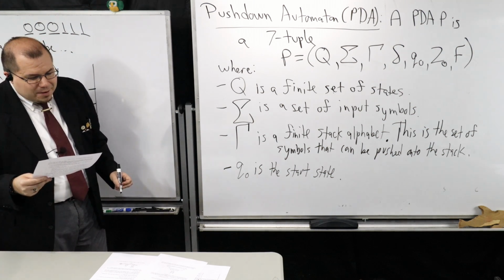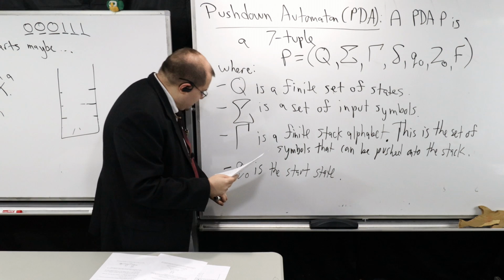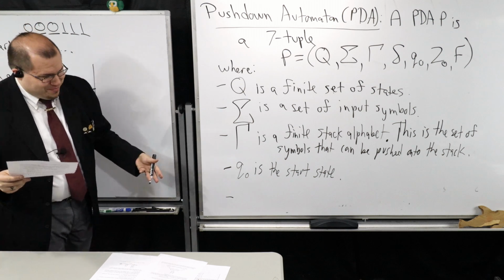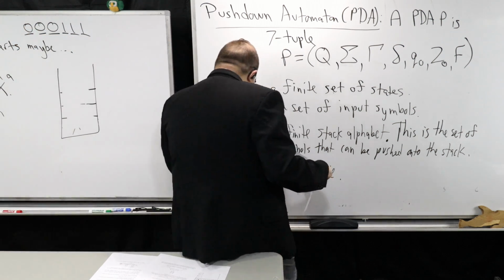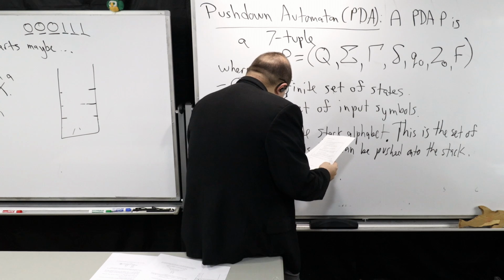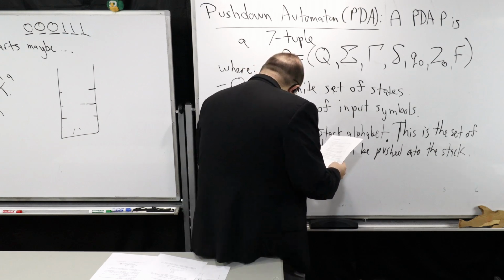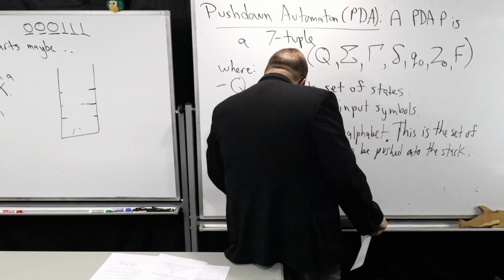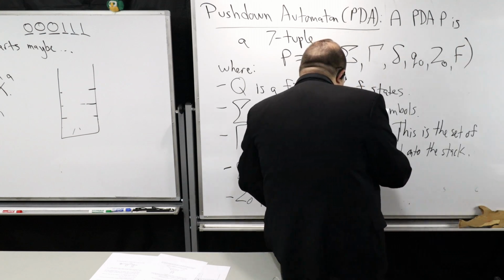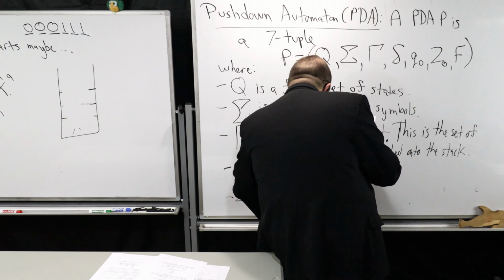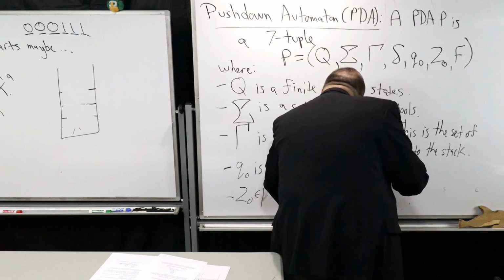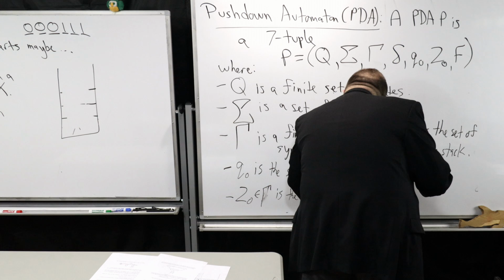Okay. Next, I'm going to tell you that there's another start-like symbol, and it's usually called the start symbol. So just like what you might think of if you think about the context-free grammars. So, sorry, I just about wrote F, I mean capital gamma. So Z0, capital Z0 is in gamma, is the start symbol. So now you have a start state and a start symbol.